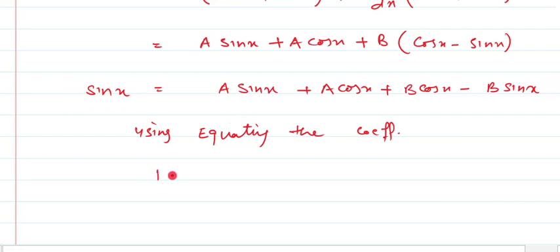So we can write 1 is equal to A, since sin x has its coefficient A, and as well as minus B over here. So we are getting 1 as A minus B. Let us name this equation as number 1. Second, we are having the coefficients of cos x over here, and here no cos term is given. So what is the meaning of this? That is, the coefficient of cos x is 0 over here. So therefore the second equation that we are getting is 0 is equal to A plus B. Let us name this as second.